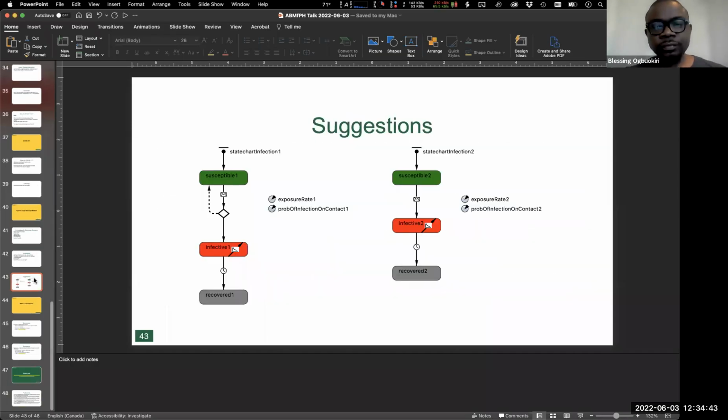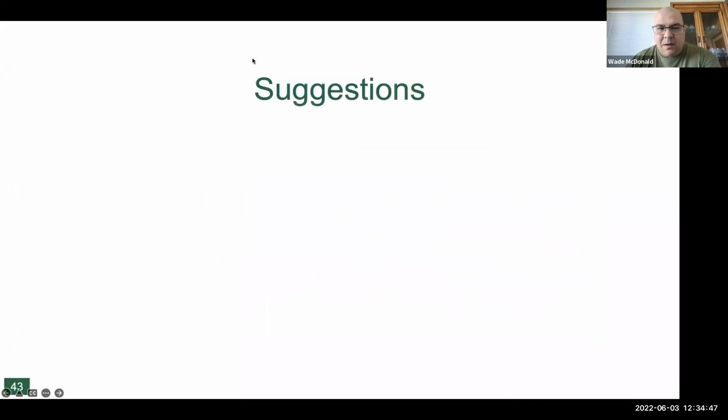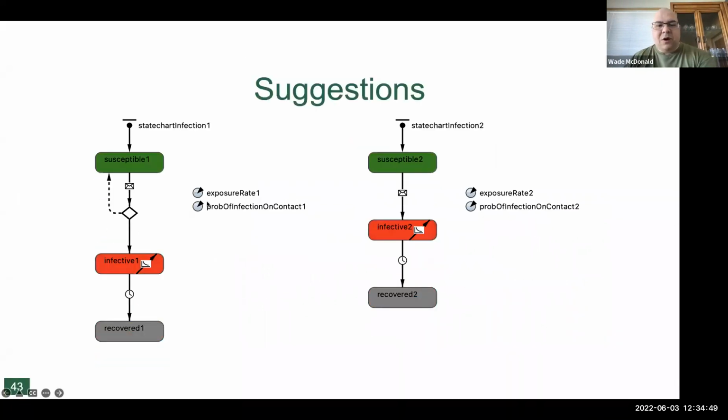I'm going to go back if I can here, to the previous slide. This example represents a discrete representation of infection. So while you're infective, the degree of infectiousness does not change.